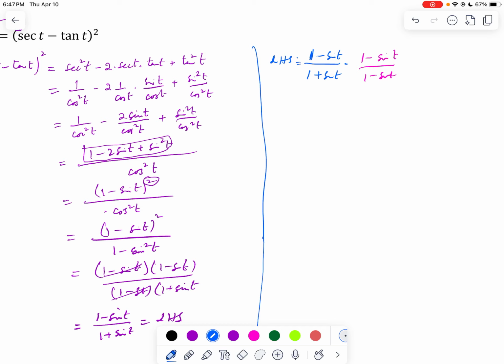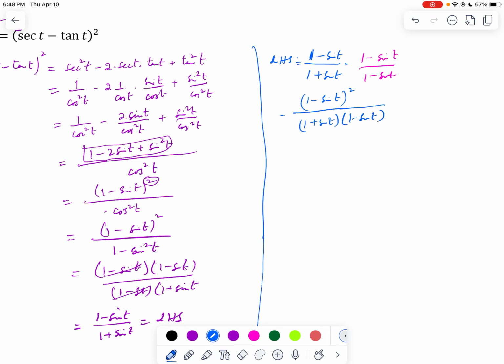Here we are multiplying by the conjugate. So in the top I have 1 minus sine of t whole squared, and at the bottom we have 1 plus sine of t times 1 minus sine t.